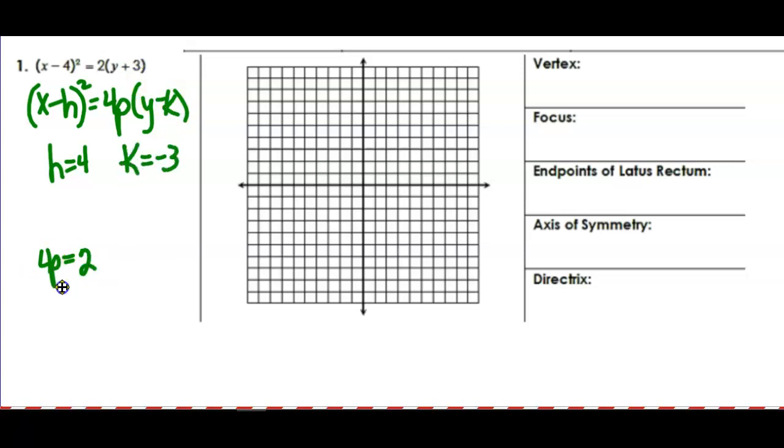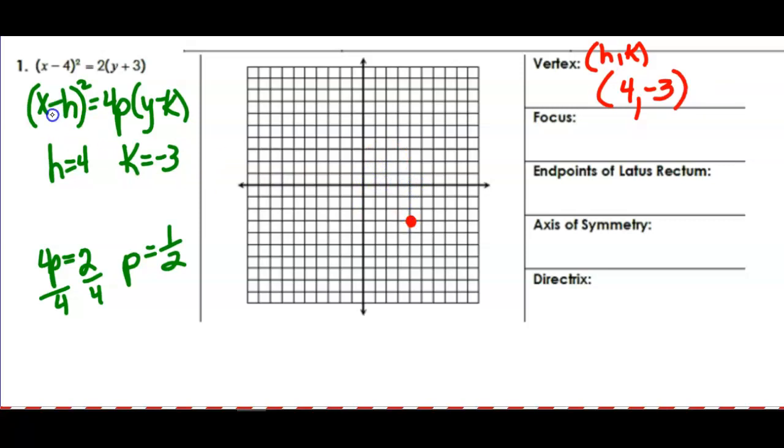If we solve this for p, we divide by 4, so p is 1/2. The vertex is defined as (h, k) on the reference sheet, so that means (4, -3) for this one. So we go over 4 and down 3, and that's the vertex.